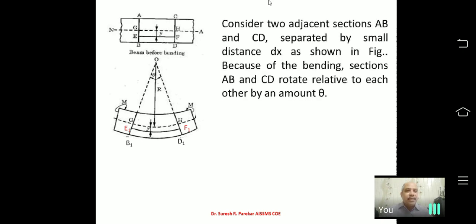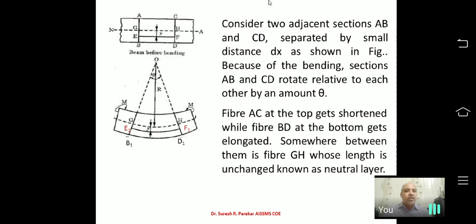Now you can see this. Consider two adjacent sections AB and CD separated by a small distance dx as shown in the figure. Because of the bending, sections AB and CD rotate relative to each other by an amount theta. Now see very carefully, fiber AC at the top gets shortened, while fiber BD at the bottom gets elongated.